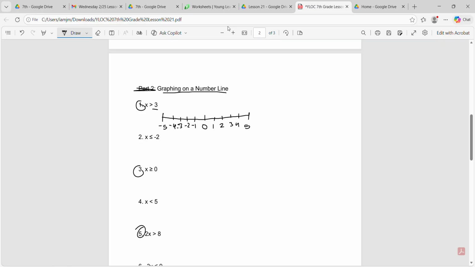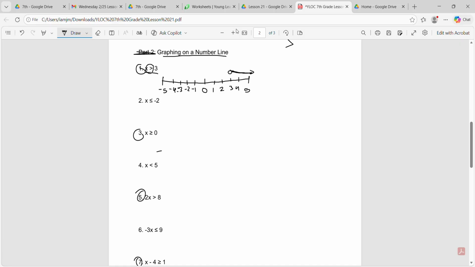Our point is on 3, and it's stated that x is greater than 3. When we have the greater than sign with no line on the bottom, we draw an empty circle on 3. It's greater than, so we go to the right. X is greater than 3. There we go.